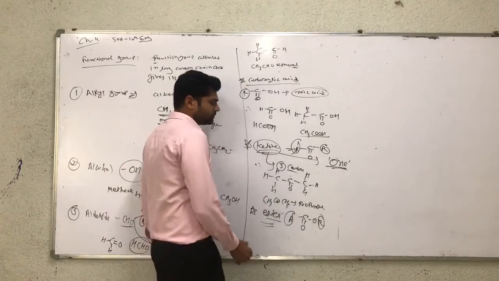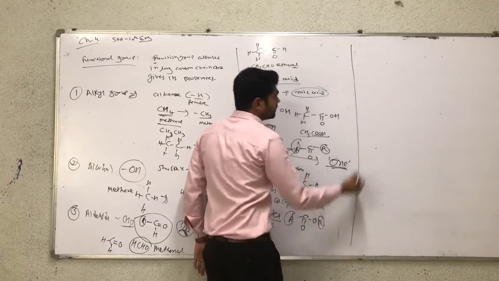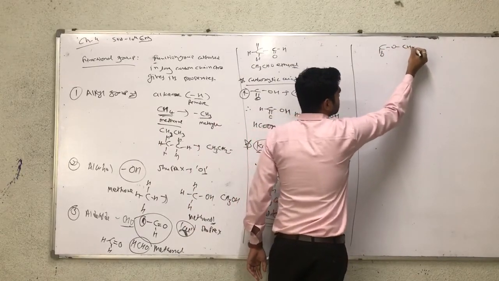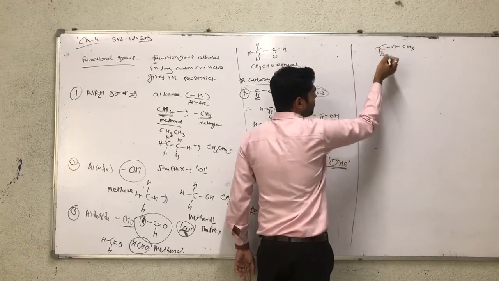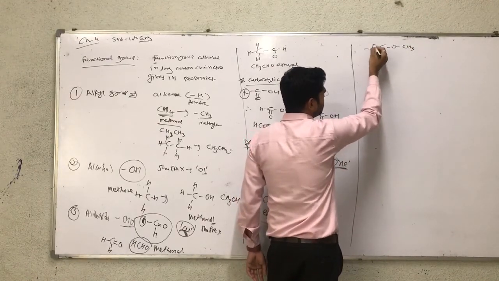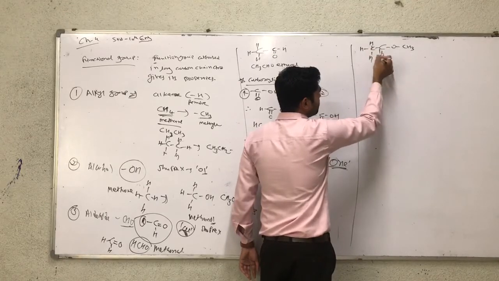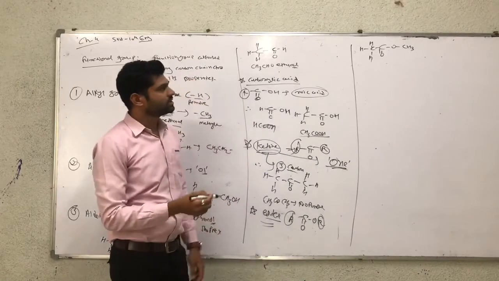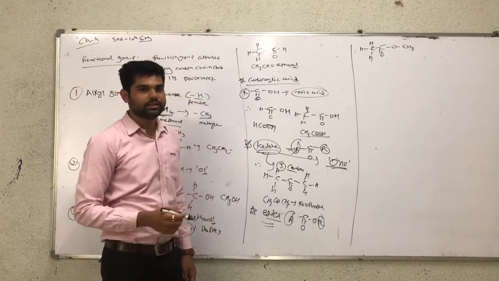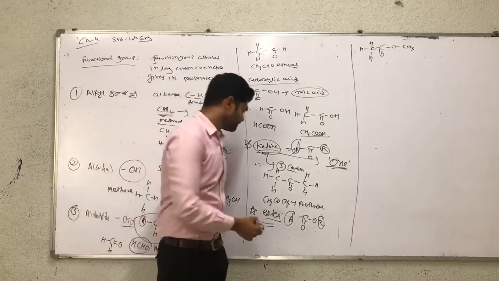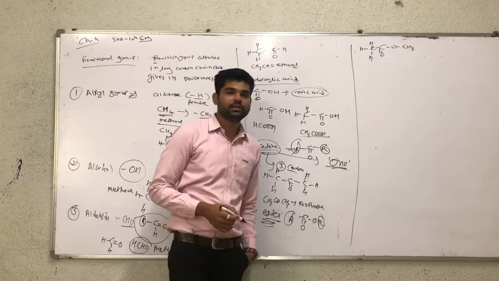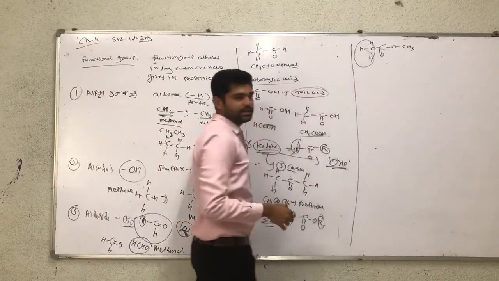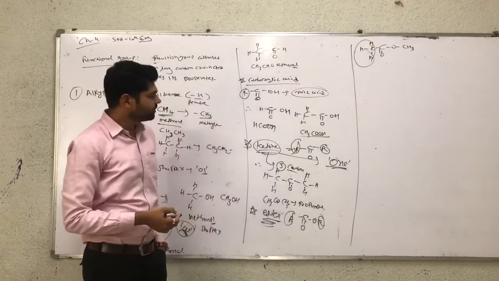Here is an example of ester, with the functional group attached in the middle, C double bond O R. R means suppose CH3, and in a similar way another carbon here. So CH3COOCH3. Both sides have a methyl group attached in the ester. So the name is dimethyl ester, or suppose an ethyl group is present, then methyl ethyl ester is the name of this ester.